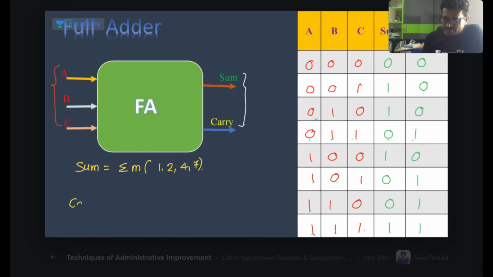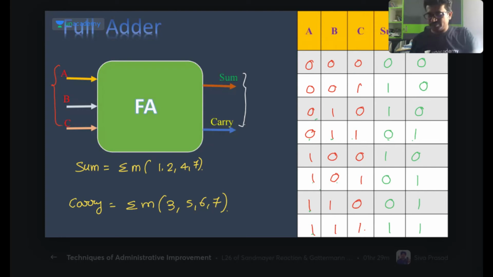Carry min terms are 3 5 6 7, isn't it? 3 5 6 7.